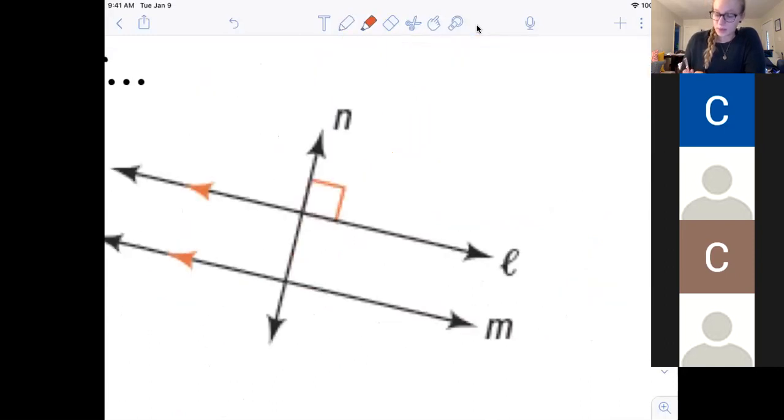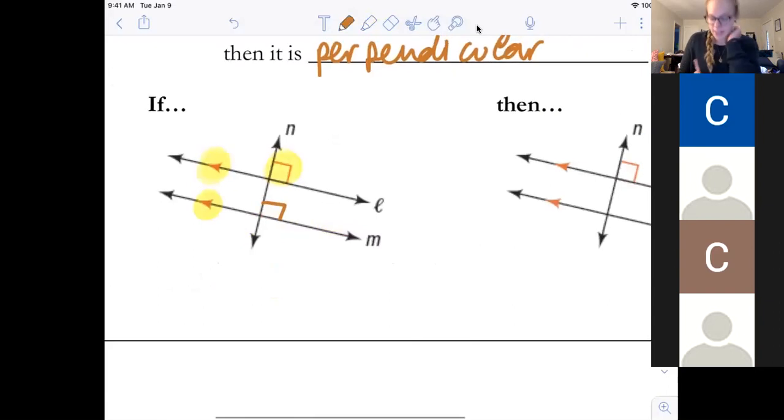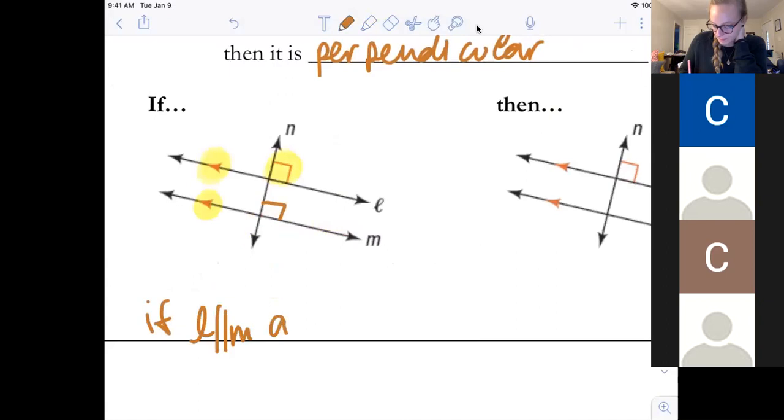So what that's saying is what was given to us is that these lines L and M are parallel, and then N is perpendicular to L. Because these are parallel, then N is not just perpendicular to L, it's also perpendicular to M. So I like to think of it as an if-then. If L and M are parallel and N is perpendicular to L, then N is also perpendicular to M.